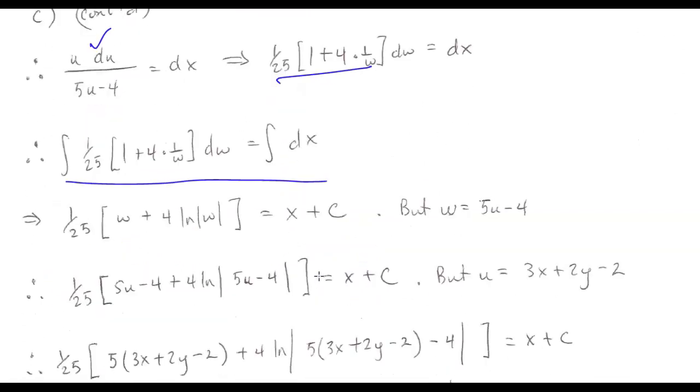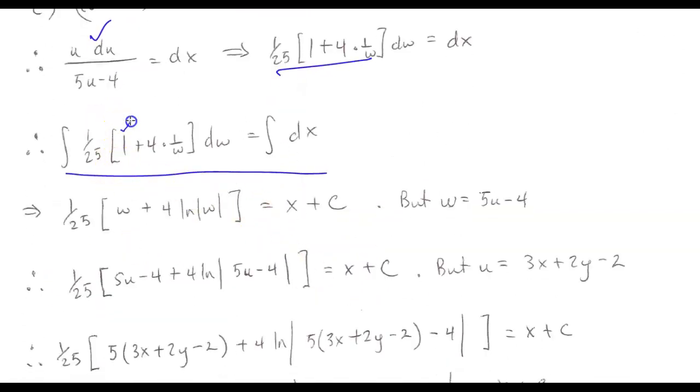Finally integrate. The antiderivative of 1 with respect to w is w. 4 times the antiderivative of 1 over w with respect to w is natural log of absolute value of w. And then from this point, we just go back substitute and solve for y.